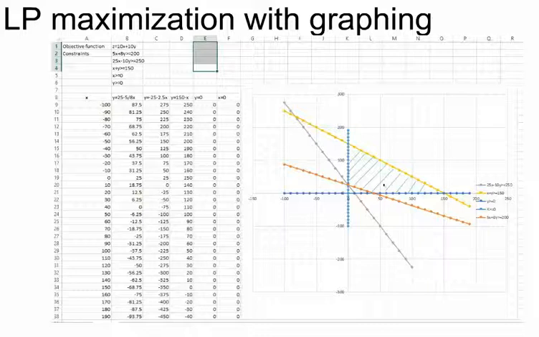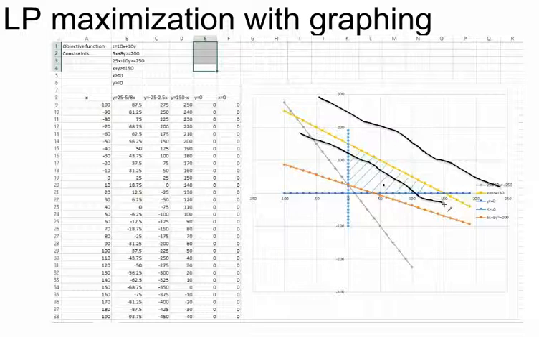So, for example, you may have a line that is somewhere here, or you may have a line that is somewhere here. The first line doesn't cross the region anywhere. There is no intersection with the region, so it cannot give you any maximum solution.